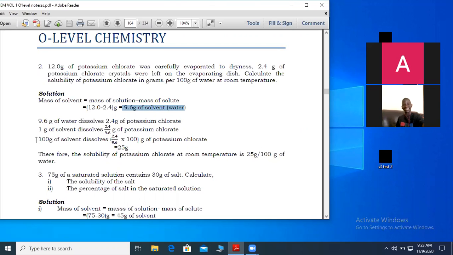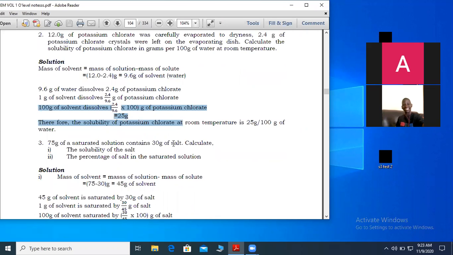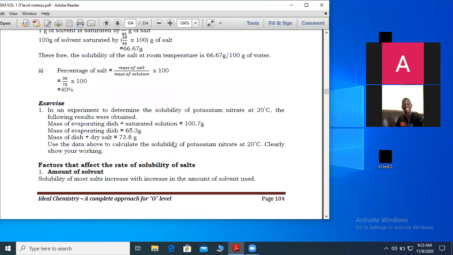And 100 grams, it means we now multiply by 100 on both sides, and that is what we get. 2.4 out of 9.6 times 100, and the answer is 25.